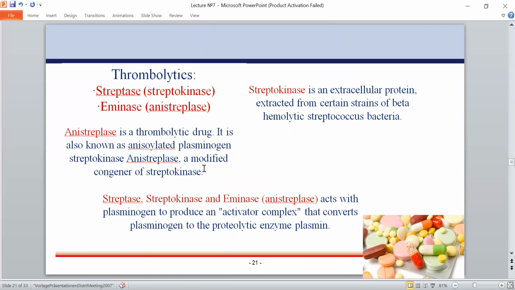Streptokinase and anistreplase act by binding plasminogen to produce an activator complex that converts plasminogen to the proteolytic enzyme plasmin. Streptokinase is an extracellular protein extracted from certain beta-hemolytic streptococcus bacteria.